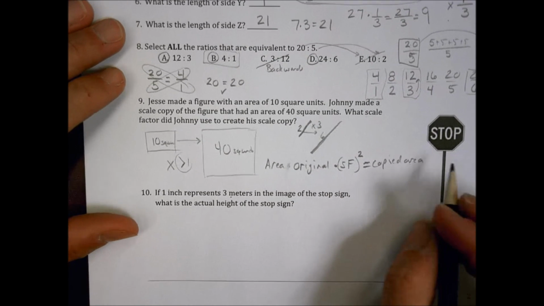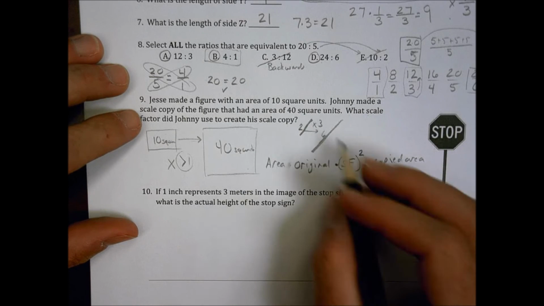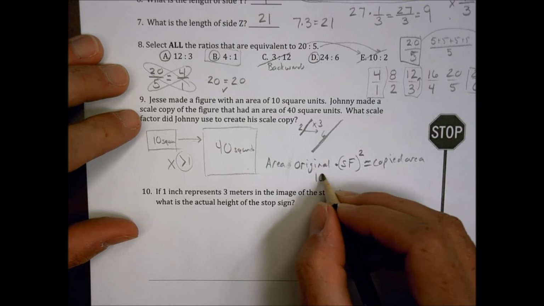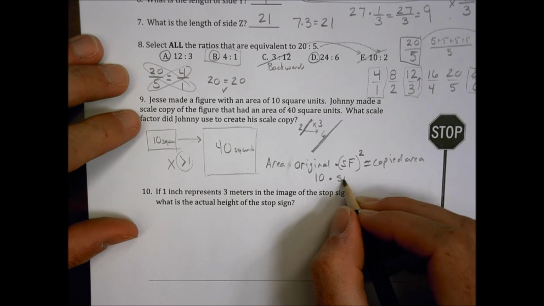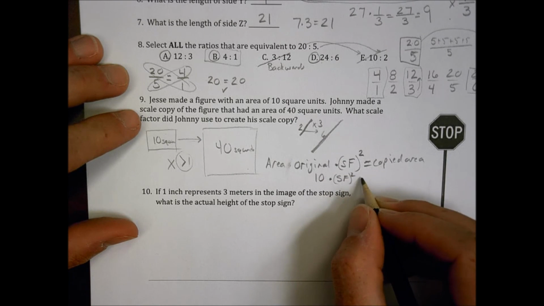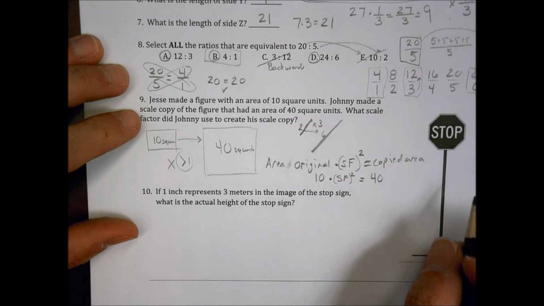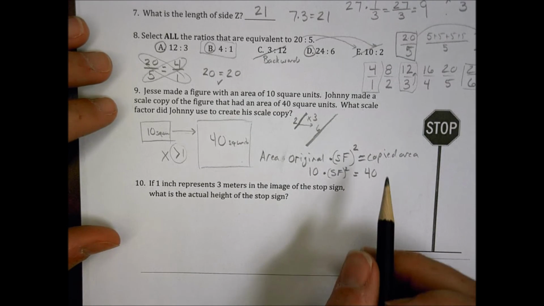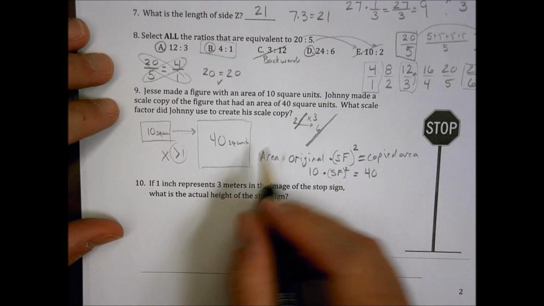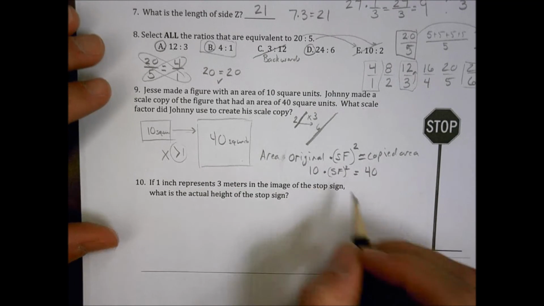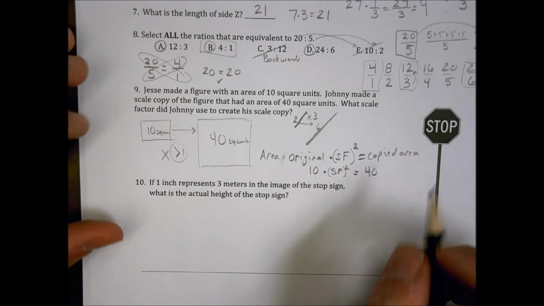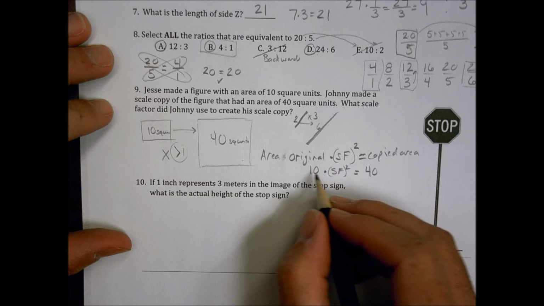With Jesse and Johnny, the original area was 10, and they multiplied by a scale factor squared, which we don't know what that is, to come up with 40. That's the setup for what's happening there. If it was going big to small, it would be the same idea, except we would have a scale factor that's probably going to be less than 1.